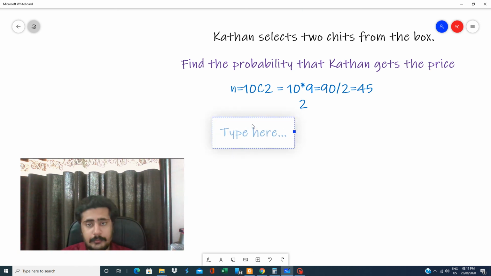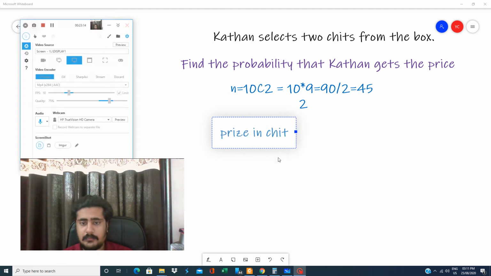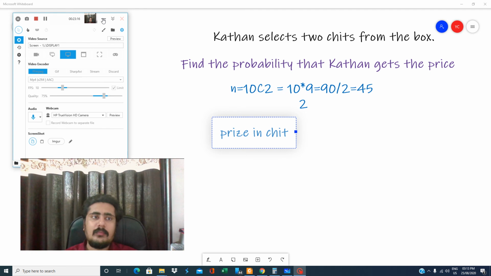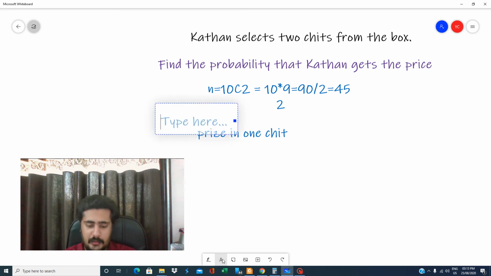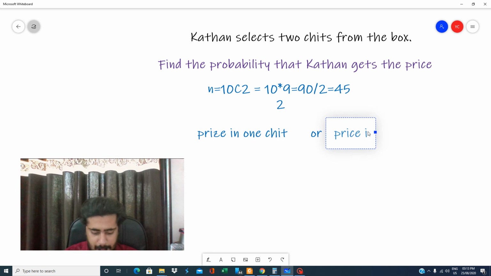Out of two chits, you get a prize in one chit, or a prize in both chits.